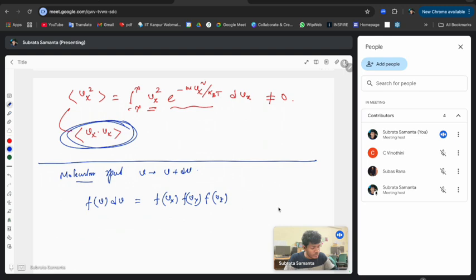But when we consider this, there is a 4 pi V square dV. This is a volume factor, because if you consider a sphere, that is the volume factor. This is basically d cube V, not a dV, and d cube V gives us 4 pi V square dV, and there is a normalization factor A.